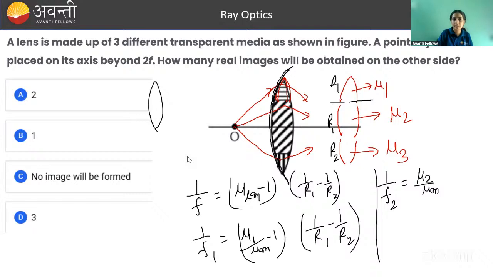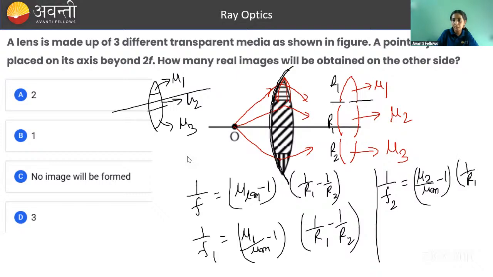So we have kept the lens in air, with the upper region having refractive index mu1, the middle region mu2, and the bottom region mu3. Then 1 by f2 will be equal to mu2 by mu media minus 1, times 1 by R1 minus 1 by R2. So this thing is changing, and we will get three different focal lengths.